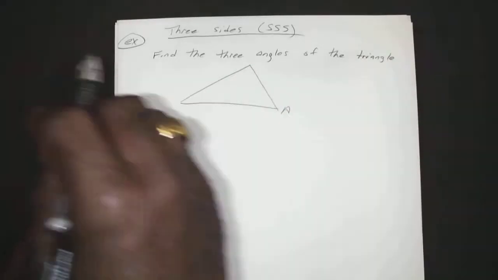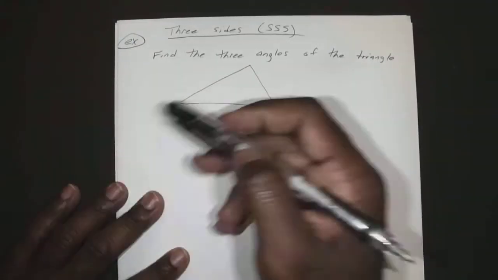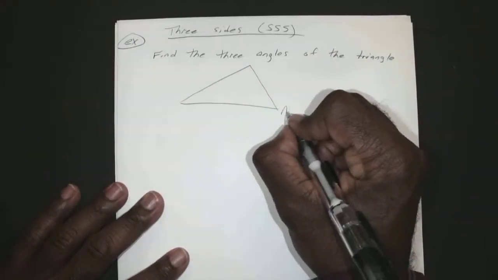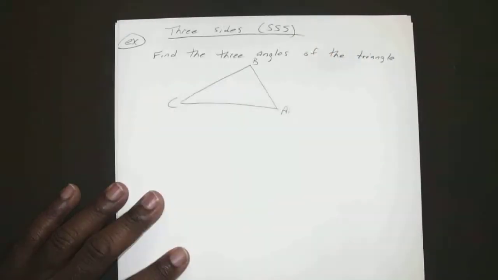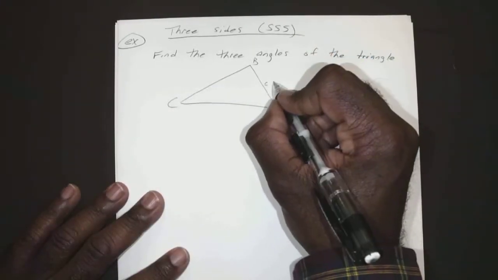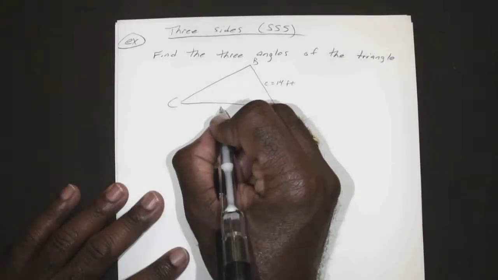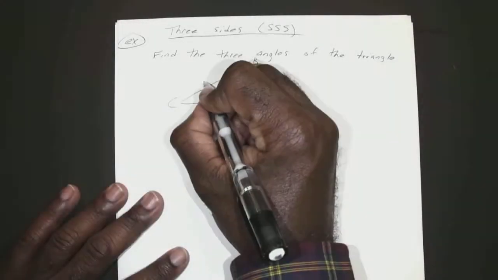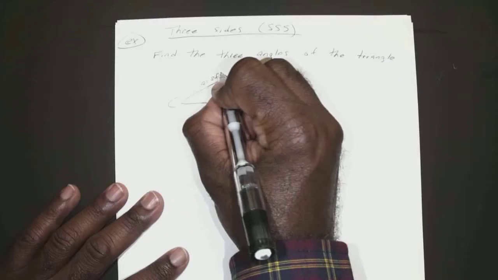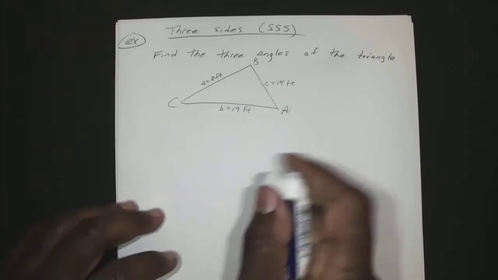Sometimes they'll switch it up and move the A, B, and C around a little bit. You can always rearrange it if you want to. And let's say this C is equal to 14 feet. Side B is equal to 19 feet. And side A is equal to 8 feet.